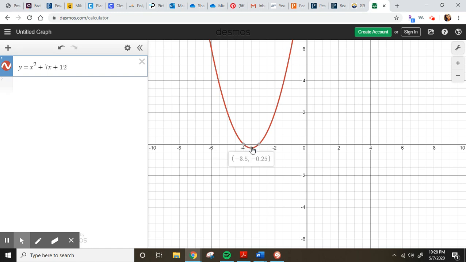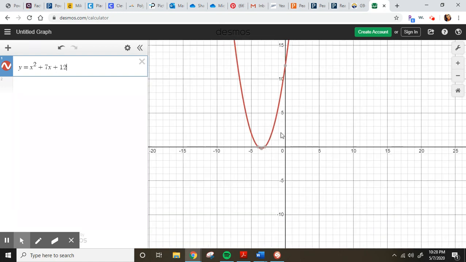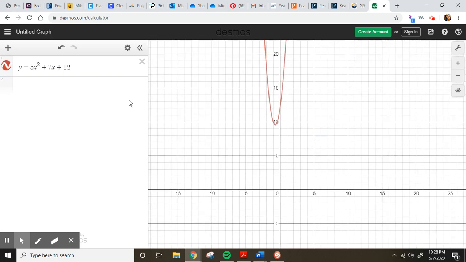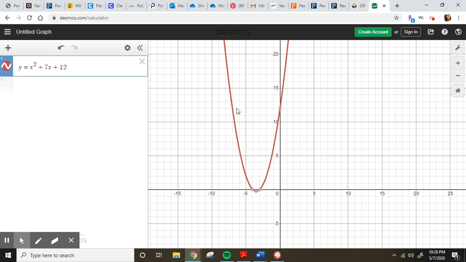It's not that it's really skinny, it's that this vertex is very fractional and very close to the x-axis. Normally we'd see one a little more down and the solutions would be a little more spaced out. However, you knew, and I knew, that this one wasn't very narrow because our x squared didn't have a coefficient. If it did, like a 5 or something, that would change the whole thing and make it very skinny. Okay, so as far as we know, this is our graph.